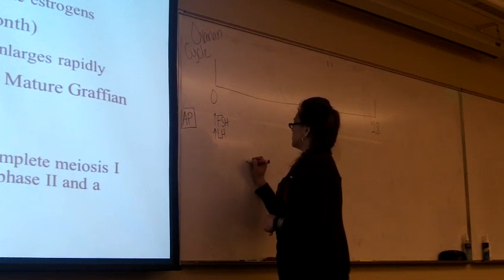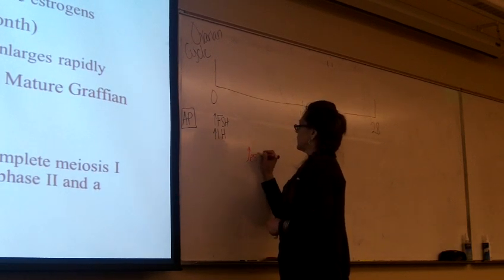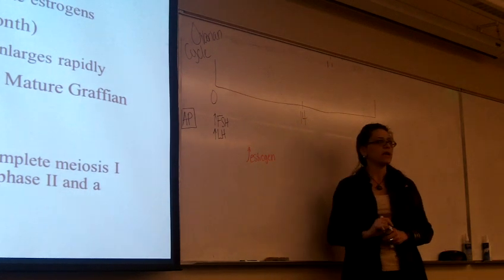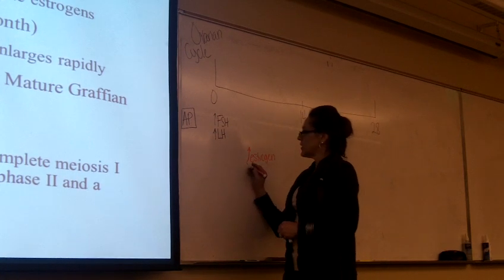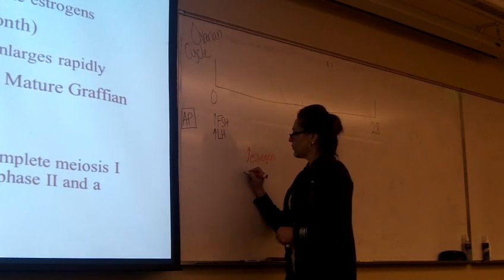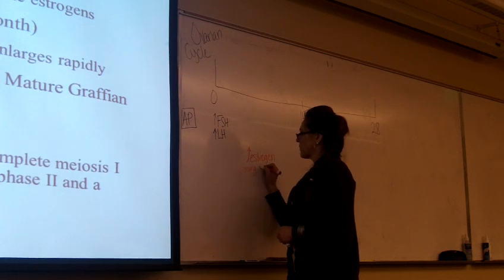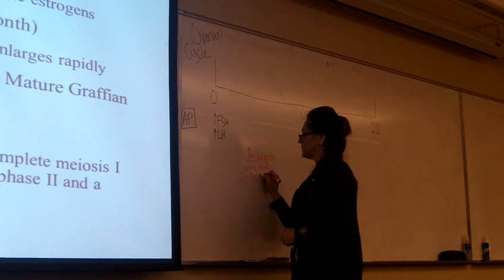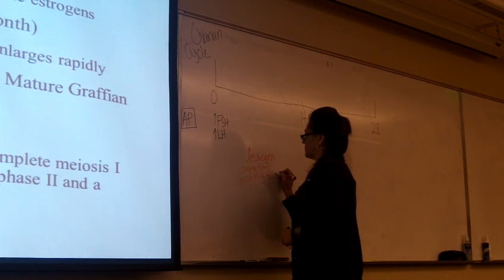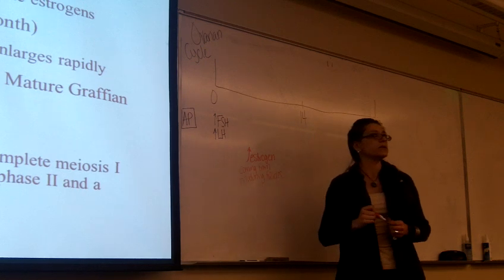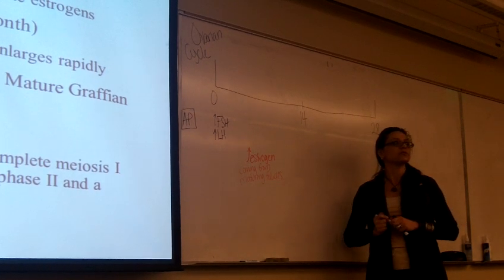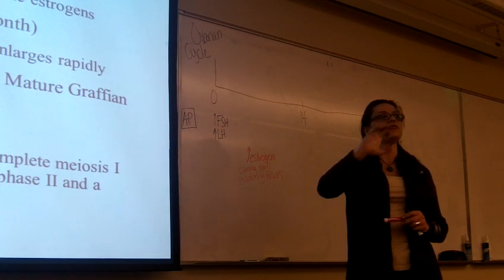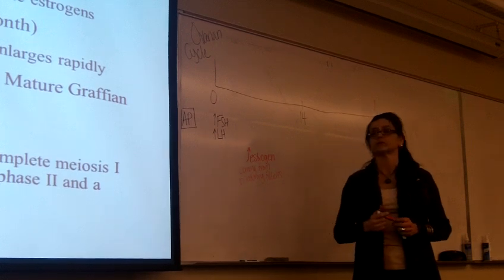That's because as these follicles are maturing, they start to secrete estrogen. So that increase in estrogen is coming from the maturing follicles. Primary, secondaries, tertiaries are all going to be secreting estrogen. Once you get to a primary follicle, then anything after that can be secreting estrogen.